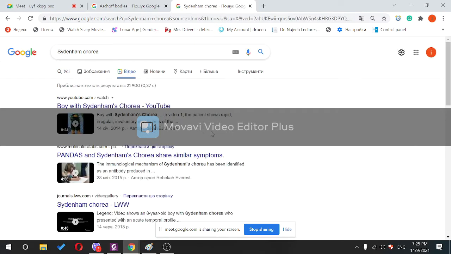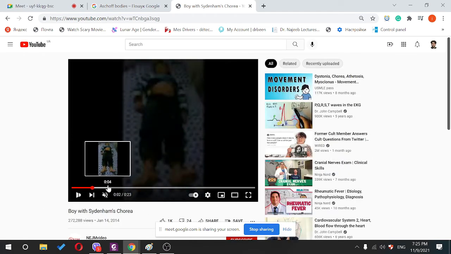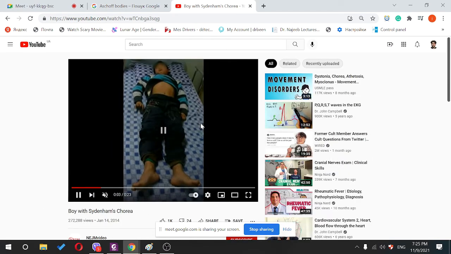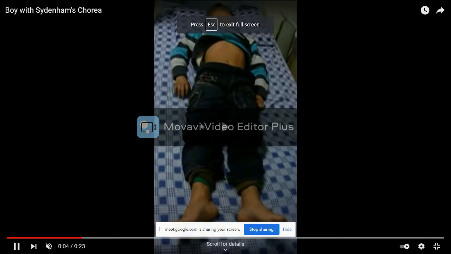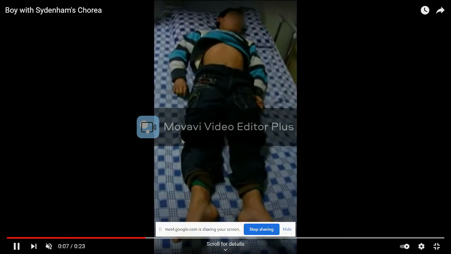Well, if you have antibody against gangliosides, where are gangliosides located? In the brain. Where in the brain? In the basal ganglia. And thus you can have what? Syndrome chorea. Take a look at this chorea, guys. Look at this boy. See this improper movement of his legs and arms? Yep.